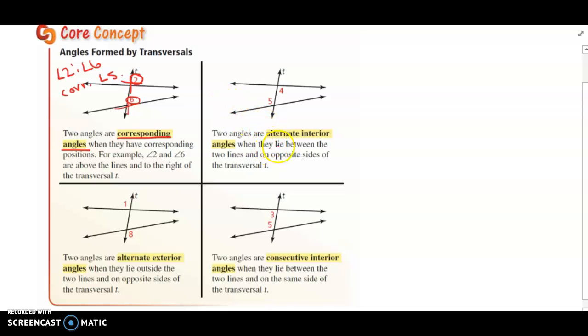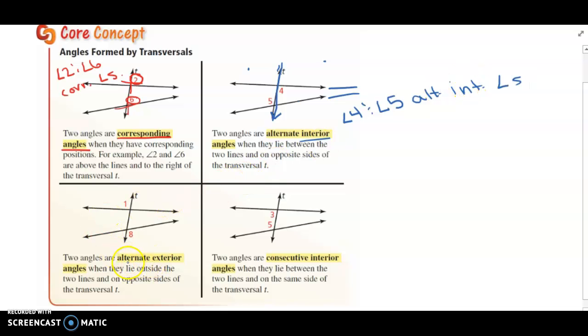Alternate interior. Alternate means they lie on opposite sides of the transversal. So one's over on the right, one's over on the left. And interior means they're between these two lines. So in this case, I can say angle 4 and angle 5 are alternate interior angles.